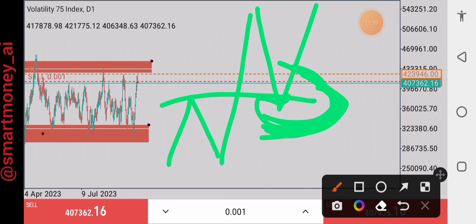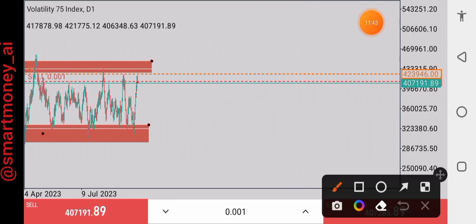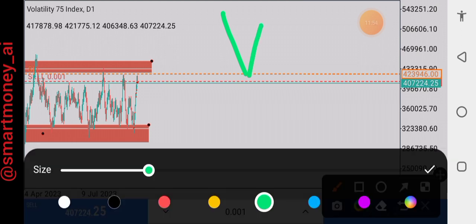What if we are in a downtrend? It's as simple. Price will be making impulsive moves downwards. So once price goes up like this, my dear, kindly mark this support, right? As soon as you mark it, wait for price to come down and break this support.